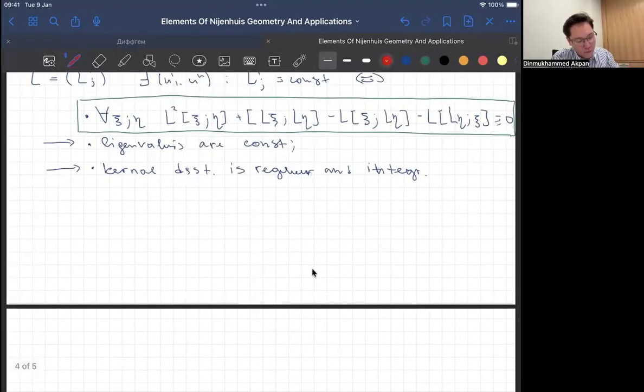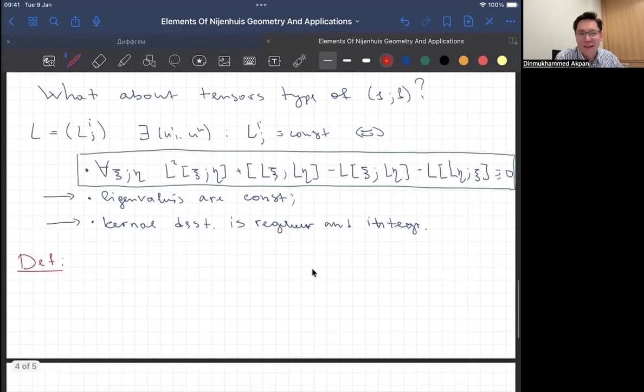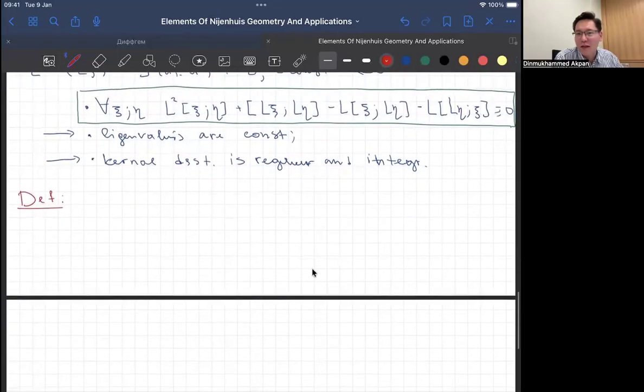Definition, the first and the basic one. Probably I should have asked this before: does everyone know what a tensor is and what I'm talking about? Or probably I need to remind you of the definition of tensors and how to work with them.